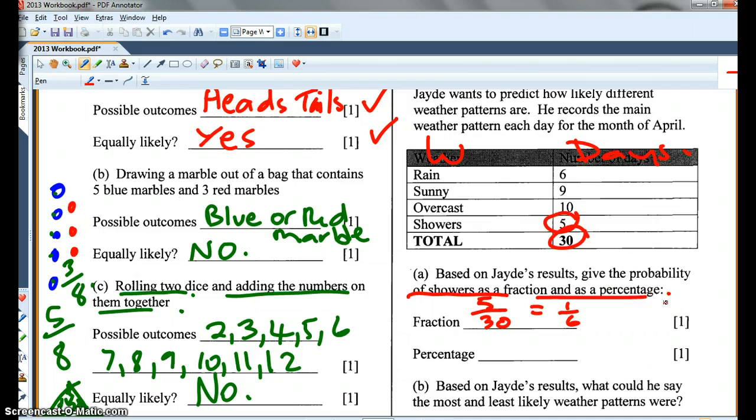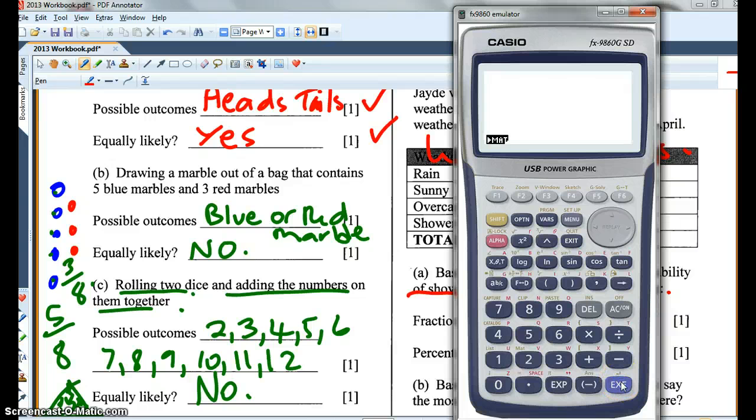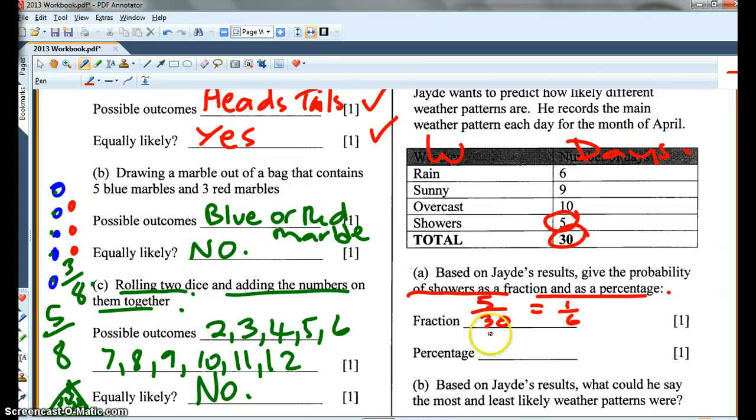And what's that as a percentage? 1 divided by 6 on your calculator is 0.16, 16.66. So we did get 1 divided by 6 to be 0.17, 0.666 recurring, or 16.7%.